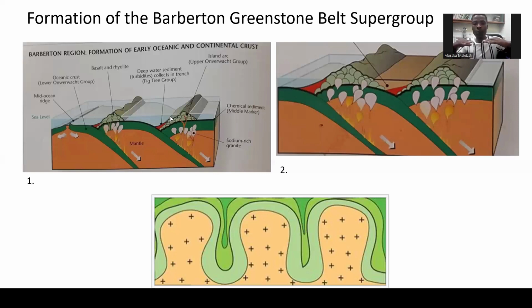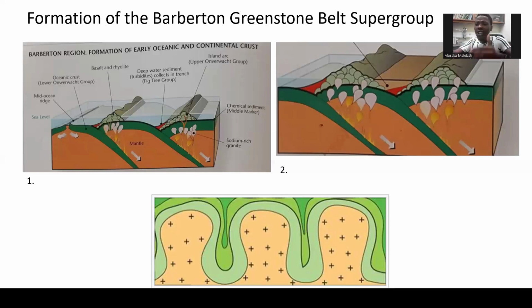But as we keep on destroying this ocean crust, we allow the collision of these island arcs, because we've destroyed the major thing which was preventing them from meeting. With strong forces, as they are coming towards each other, they were simultaneously destroying the ocean crust.